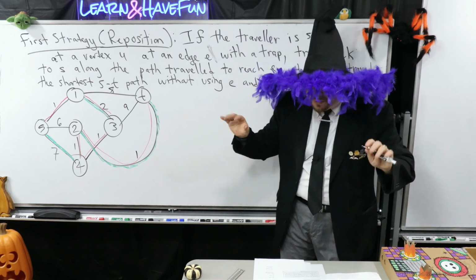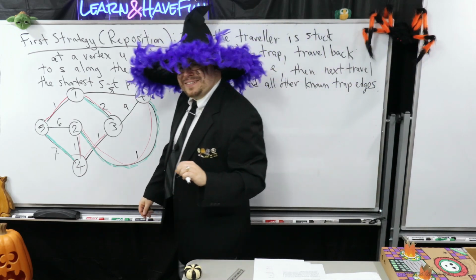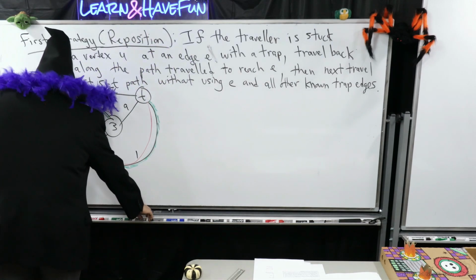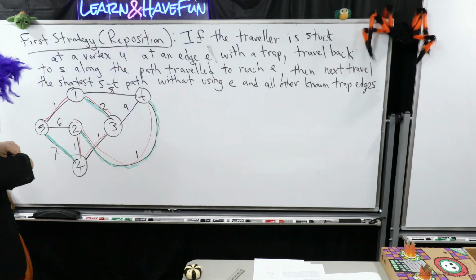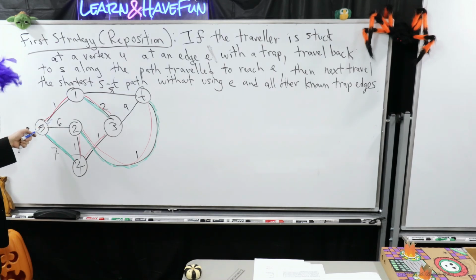So let me show you how the reposition strategy would take our traveler. What we would do is the traveler would first follow along the shortest ST path, right? That's what we established.